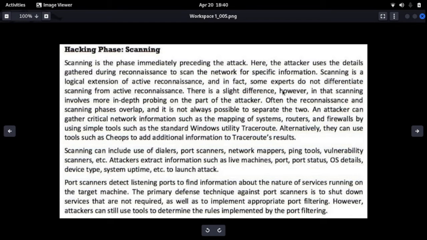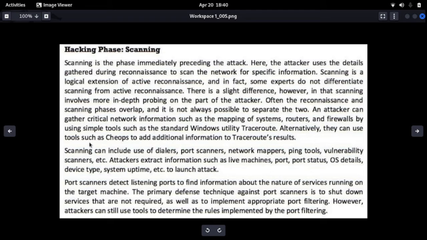There is a slight difference, however, in that scanning involves more in-depth probing on the part of the hacker. Often the reconnaissance and the scanning phases overlap, and it is not always possible to separate the two. An attacker can gather critical network information such as mapping of systems, routers, and firewalls by using simple tools such as the standard Windows utility traceroute.